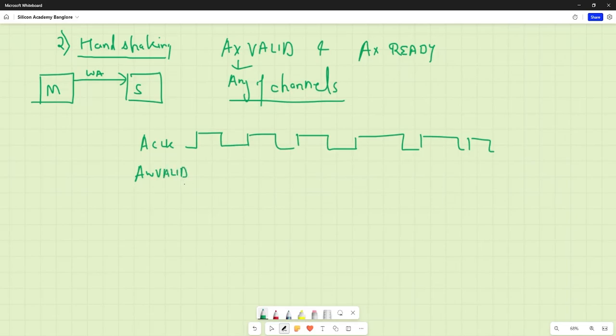Why so? Because that tells the slave that this information is valid now. So the moment this valid signal goes high, the slave at this point of time, because it is the positive edge, considers all of the information that is transmitted in this AW channel as valid information.